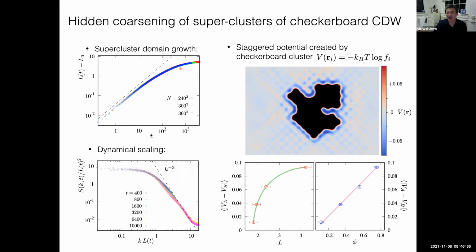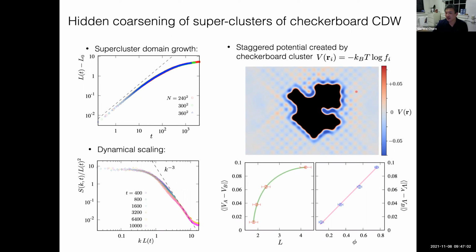And the reason is that once you have a CDW cluster, represented by this black region here, it creates a staggered potential in the neighborhood. This color bar shows the effective potential for the F electrons, and we obtain this from Monte Carlo simulation.